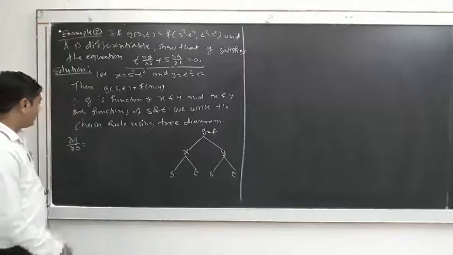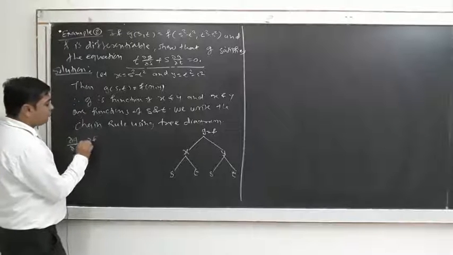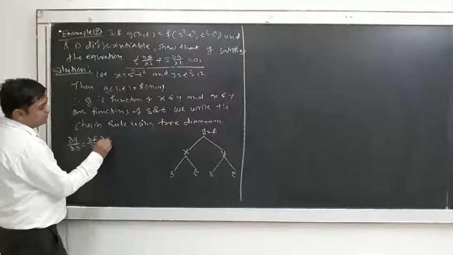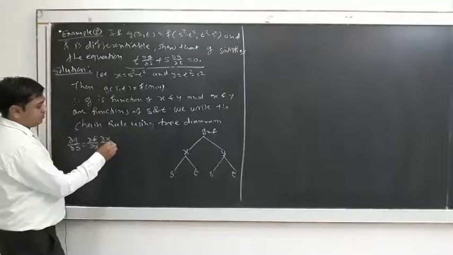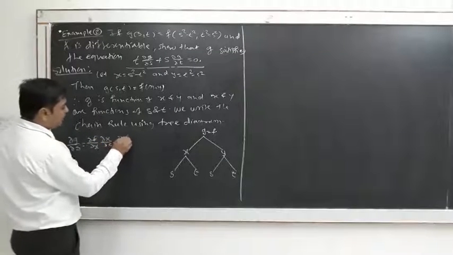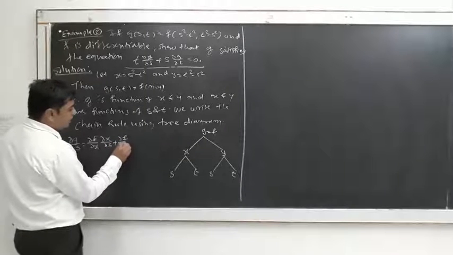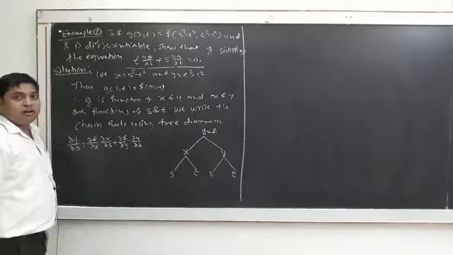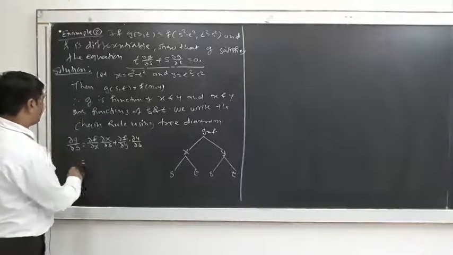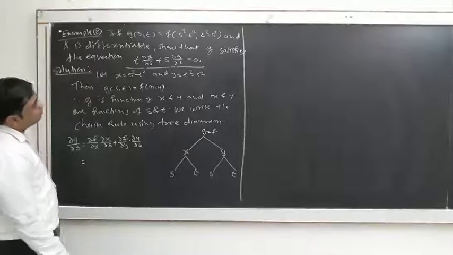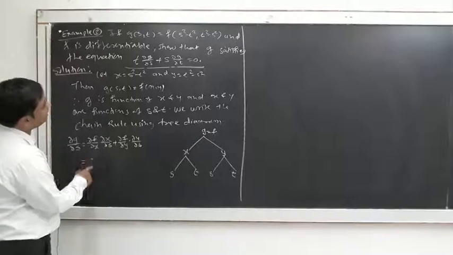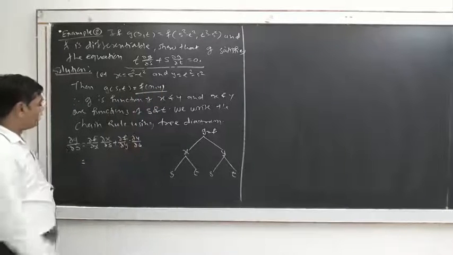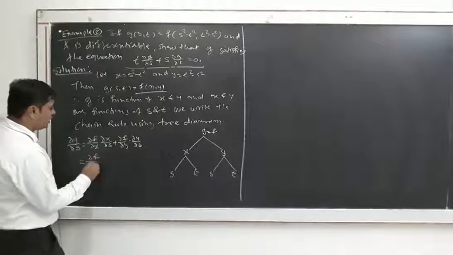So what we can write here: ∂f/∂x into ∂x/∂s plus ∂f/∂y into ∂y/∂s. Now just put all the derivatives. The value of ∂f/∂x is not given, so it stays as ∂f/∂x.